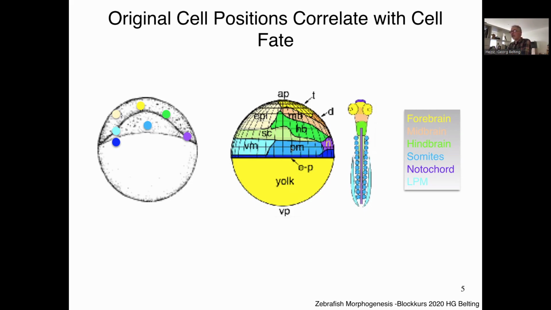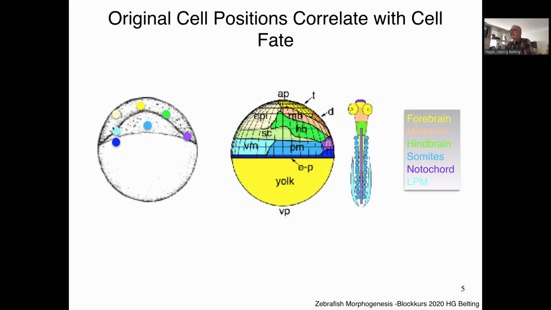It does not mean that the signaling and the specification has occurred already, because the signals that specify the cell types can occur also later. But it's simply a spatial correlation between where the cells come from and what type of cell they will become later, or which part of an organ they will contribute to later.